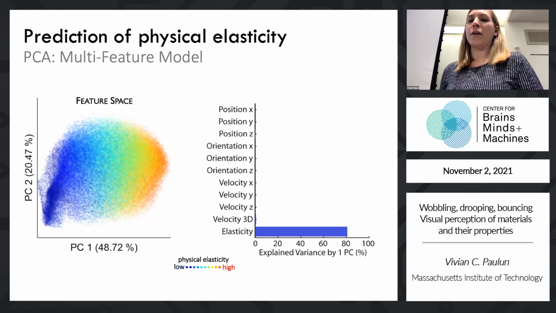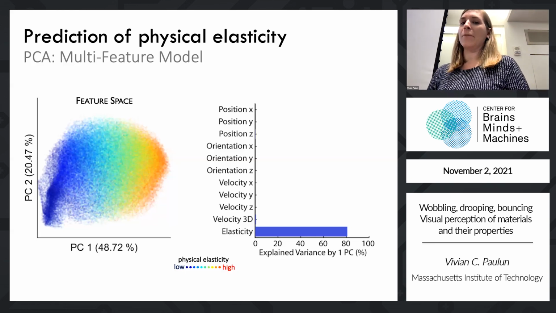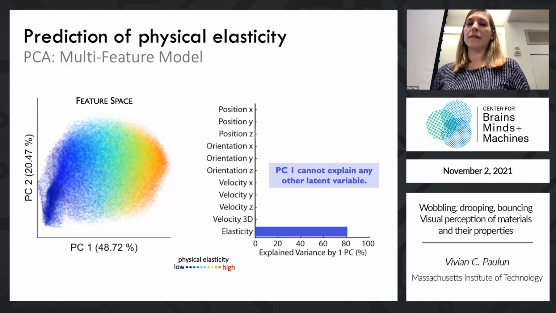So we have identified a combination of motion features that is able to successfully estimate elasticity while ignoring all of the other latent variables. So if the visual system wants to estimate elasticity from 3D motion features, then this combination of features would be very good to use. And this combination is just emerging from observing the variance in lots and lots of examples.